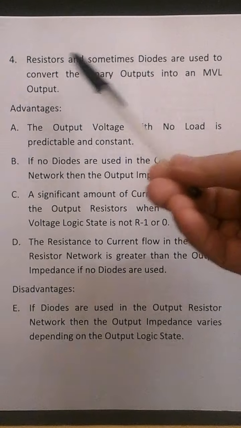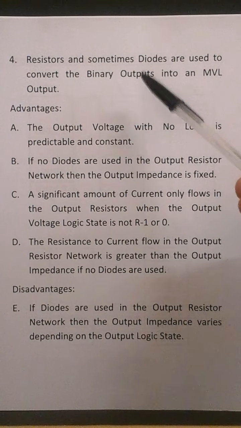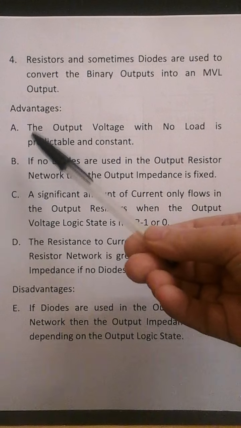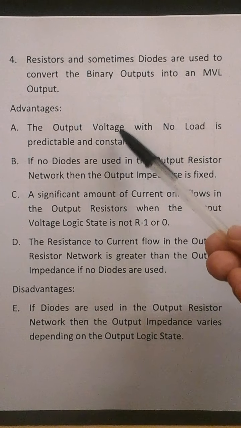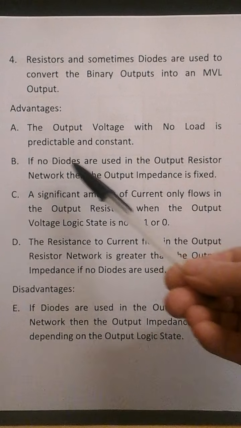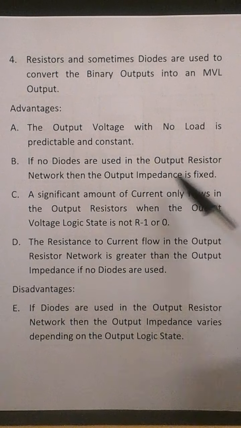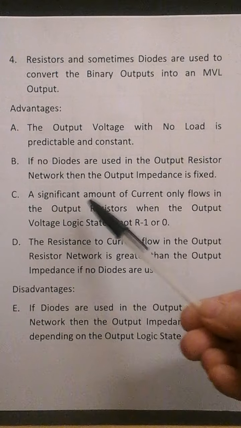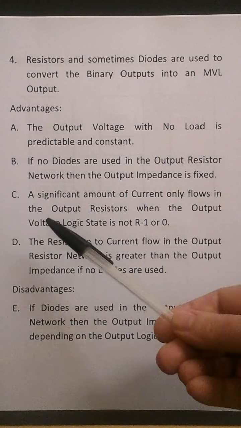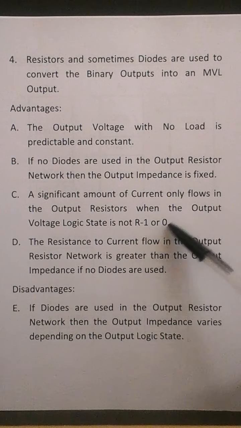Number 4, resistors and sometimes diodes are used to convert the binary outputs into an NVL output. Advantages: A, the output voltage with no load is predictable and constant. If no diodes are used in the output resistor network, then the output impedance is fixed, as a significant amount of current only flows in the output resistors when the output voltage logic state is not 1 or 0.